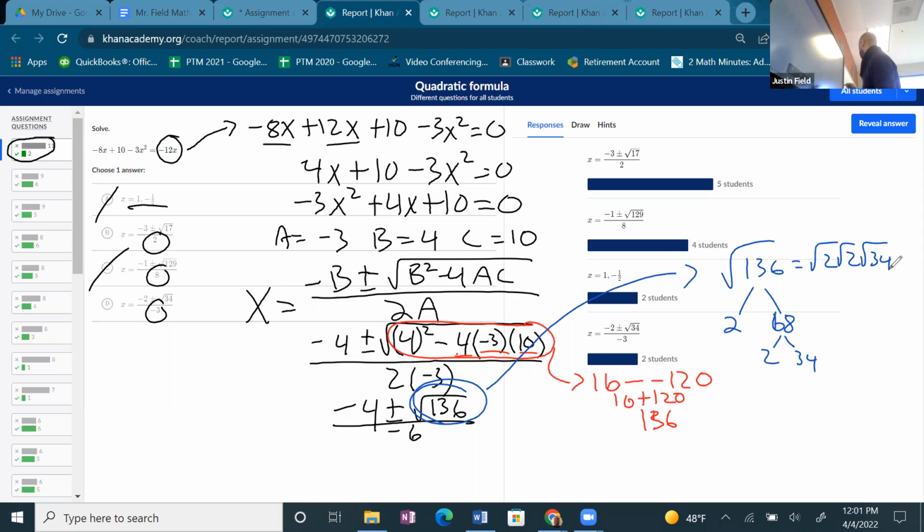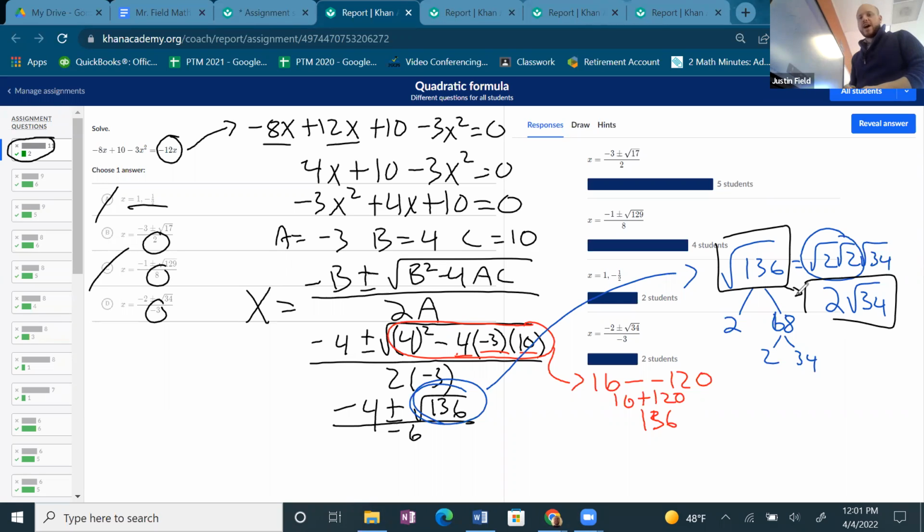But do you guys know what the square root of 2 times the square root of 2 is? It's 2 by definition. So the square root of 136, if we break it down, can be rewritten as 2 times the square root of 34.